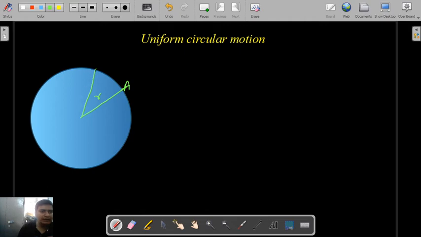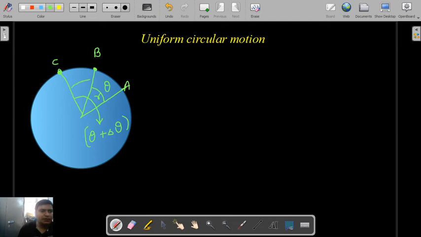At a particular time the particle is here at B, where the angle is theta. Now in a time delta t, the particle moves to the point C, and for C the angle is theta plus delta theta.